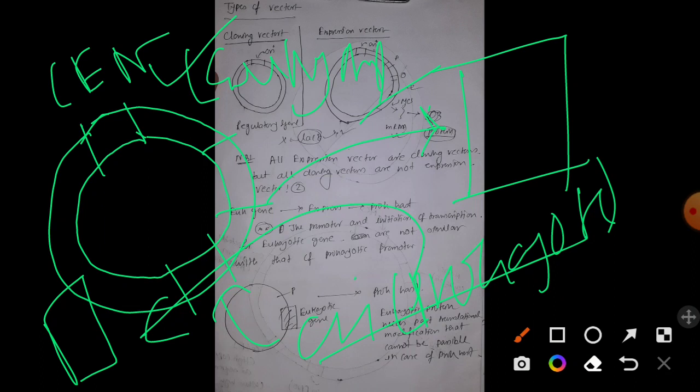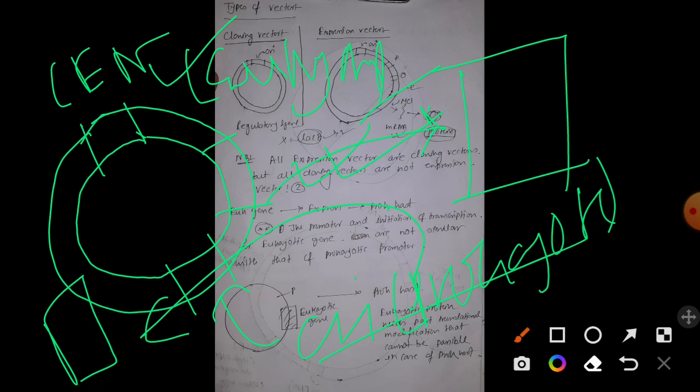So we have constructed a vector that has the ability to shuttle our gene of interest back and forth between two origins of replication coming from both eukaryote and prokaryote. That means this vector can transfer our gene of interest in both the prokaryote and the eukaryote. That will be the exact wording; the previous thing I said is not correct.